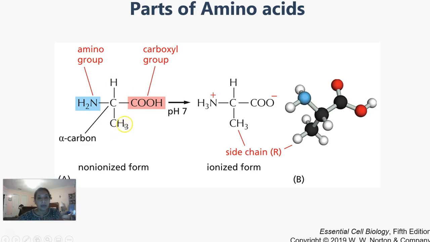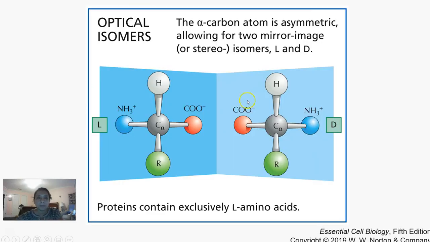In a non-ionized state, your R group in this case has the CH3 on it. If you put it under pH 7, it is going to become ionized, so you'll have the carboxyl and the amino group as ionized. So that helps it then become more reactive and interact with other groups.